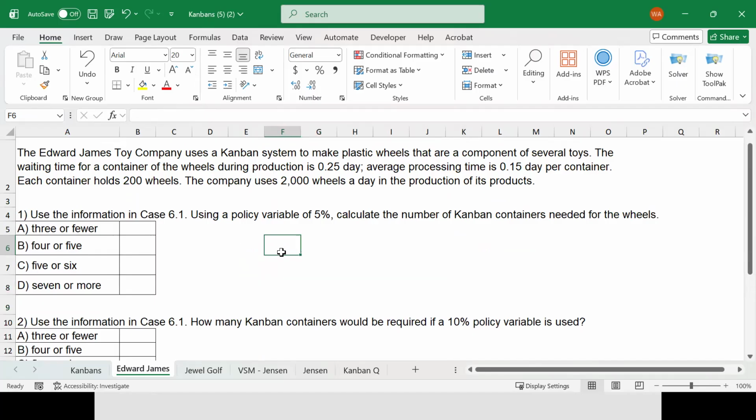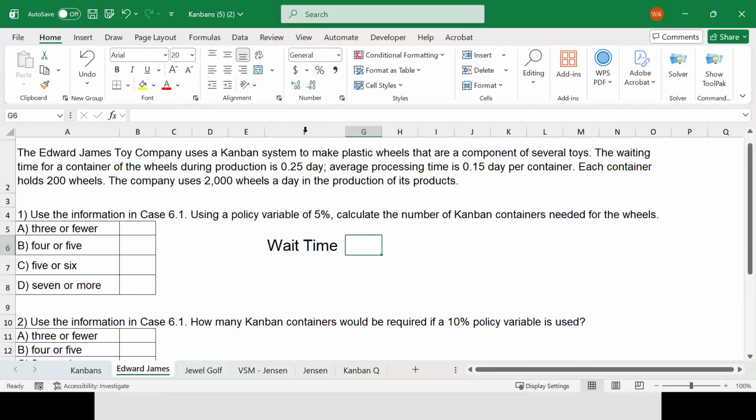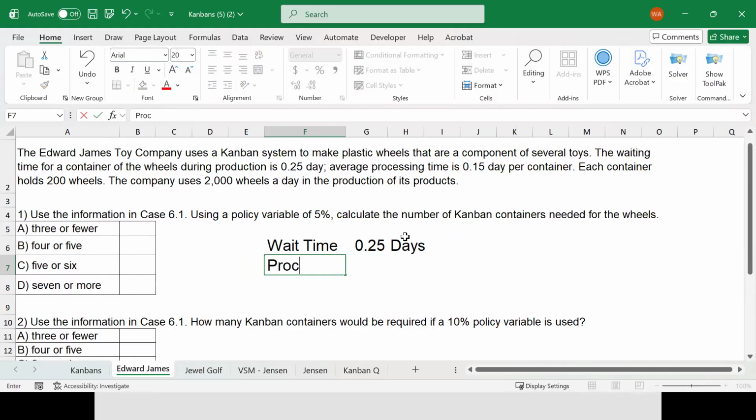The wait time that I am given here is 0.25 days. And the processing time is given as 0.15 days per container. What else are we told there?